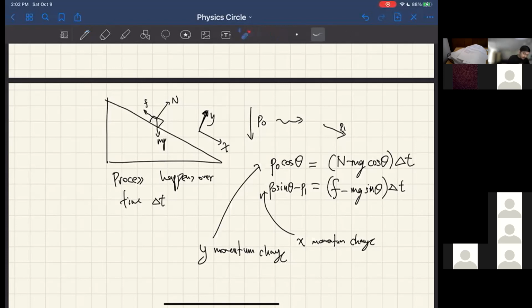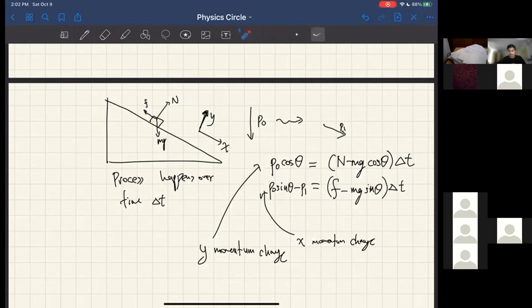Here, this block starts with some very fast velocity in this direction. So at the point of contact, the relative velocity is v, or it's non-zero. Why do I take p1 considering p0 exists?